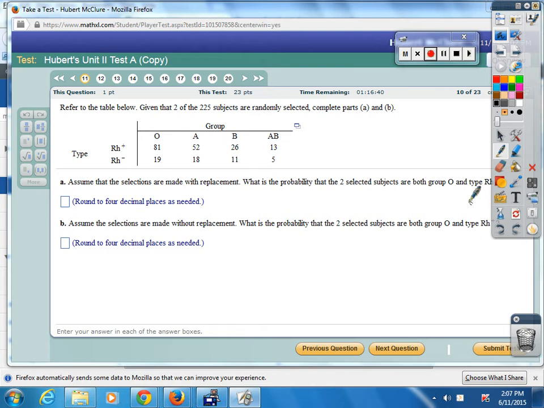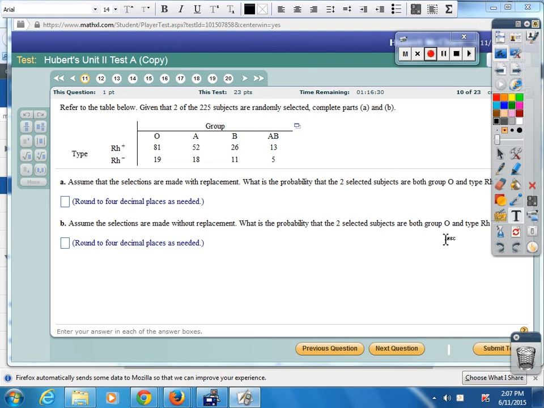And then O is this number. So 89, that's what, 100? That's 100 right there, isn't it? So one of them is going to be 100. Does it say without replacement or with replacement? With replacement. So it's not going to change, so you don't have to worry about subtracting.